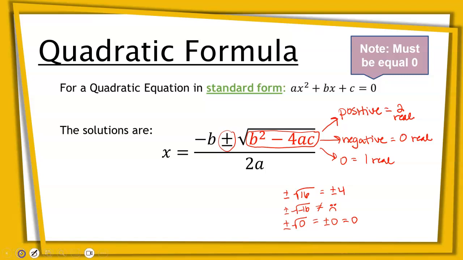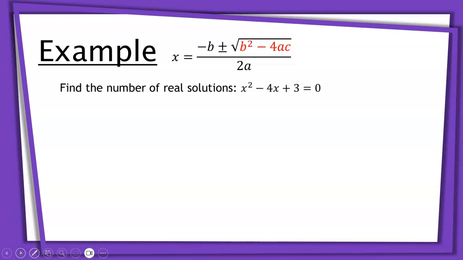So what we are going to do first is determine the discriminant and find the number of real solutions. So in my quadratic formula, the only part I want to pay attention to is the discriminant, which is b squared minus 4 times a times c. So before I do anything, I want to make sure, is my equation in standard form and everything set equal to 0?